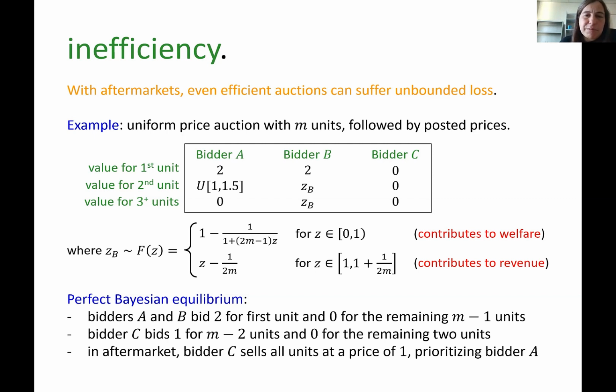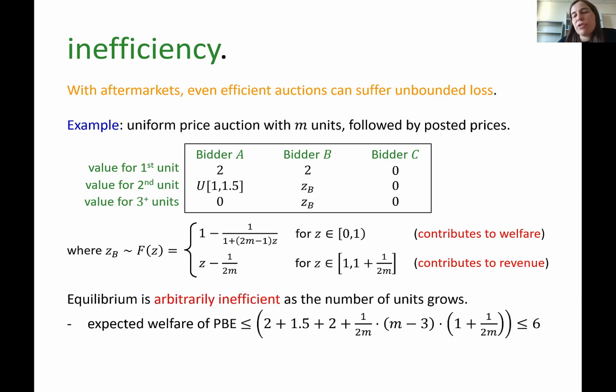Okay, so this is the PBE, and you can calculate the efficiency of this equilibrium that I've defined. The expected welfare, well, let's see, bidder A is getting 2 units in this equilibrium, so she's contributing 3.5 to the expected welfare. Bidder B is getting 1 unit for sure, which she values at 2.